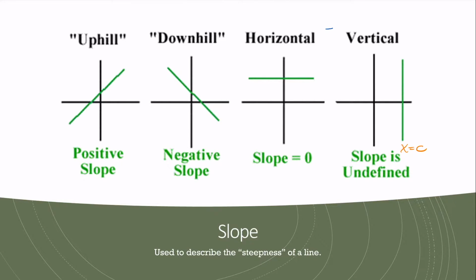One other thing that's undefined in mathematics is dividing by 0. So let's say this is the line x equals 4. I've got this point, when x is 4, y is negative 1, and this is when x is 4, y is 1. Let's say I had to calculate the slope. Remember, slope is my change in y over my change in x.